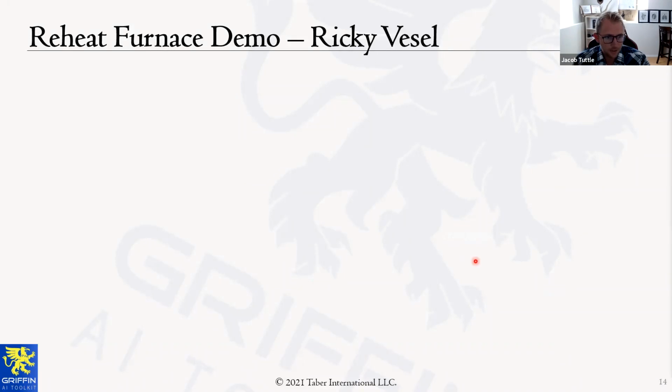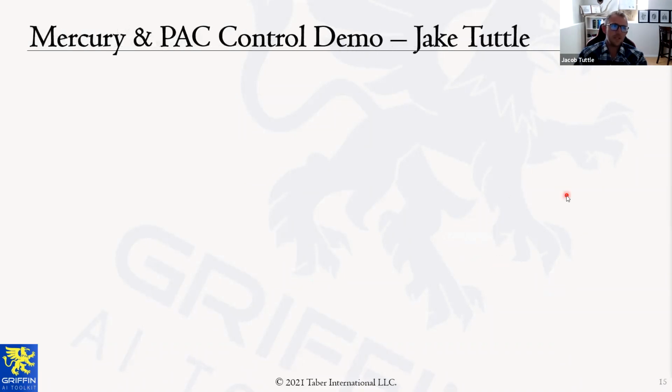So as Ricky talked about, a lot of success in this application, a reheat furnace, seeing multiple benefits from using out of variant control, using the Griffin Toolkit, really to address different aspects of the process, all with a single objective, but in multiple ways.